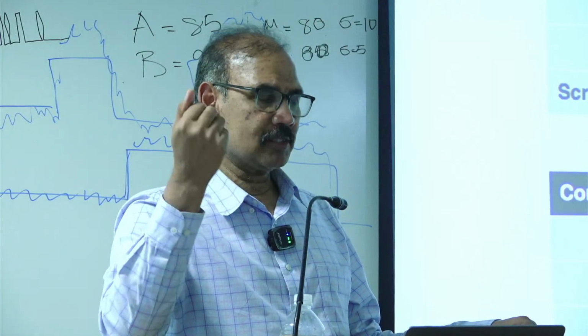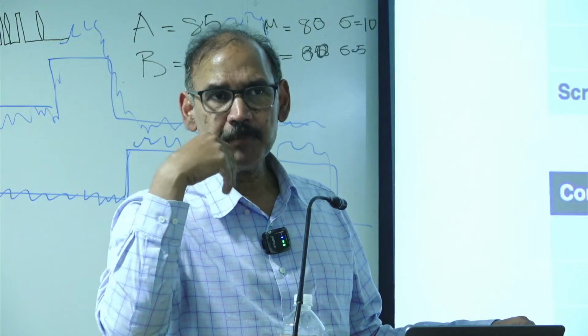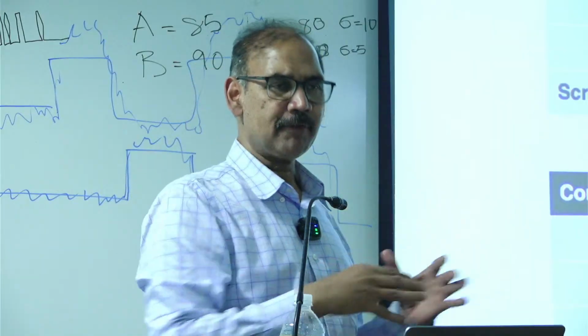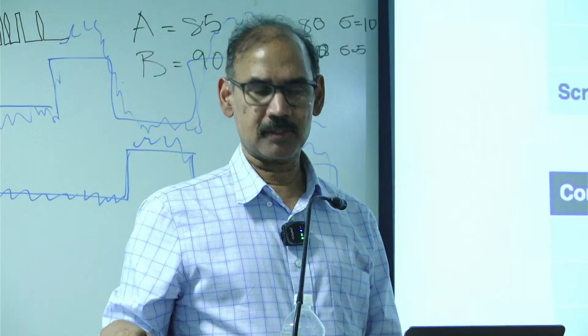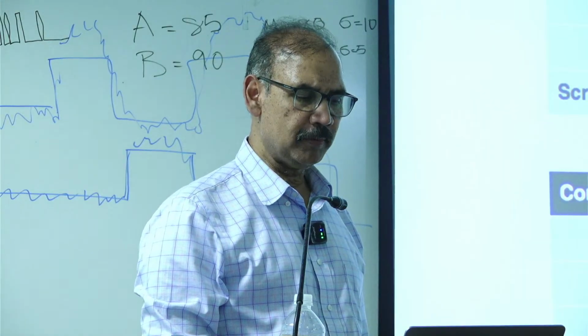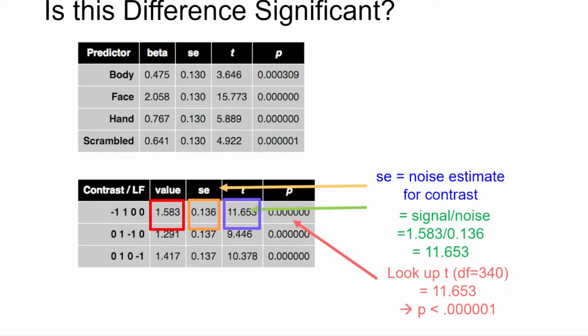As she's mentioning, there are also individual variations, but after you account for this, there would be some individual variations, right? So what we have to do is try to minimize these noise estimates for the contrast, right?